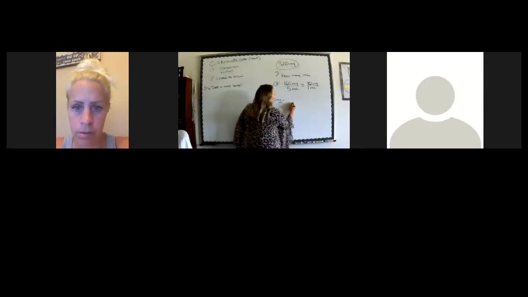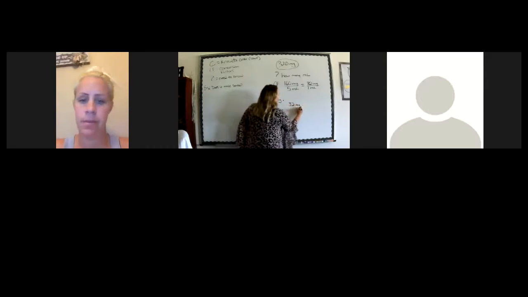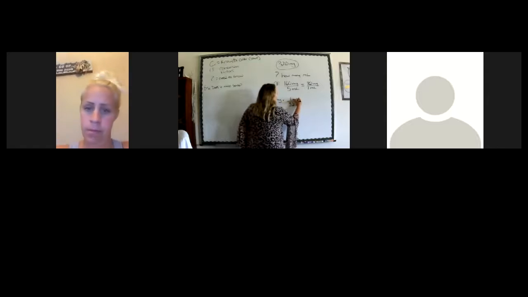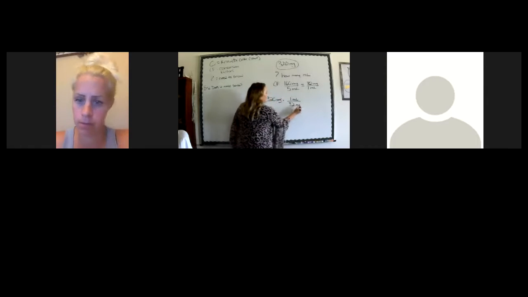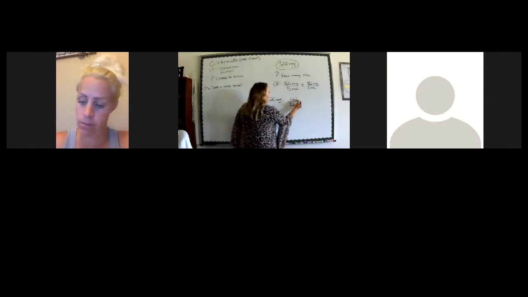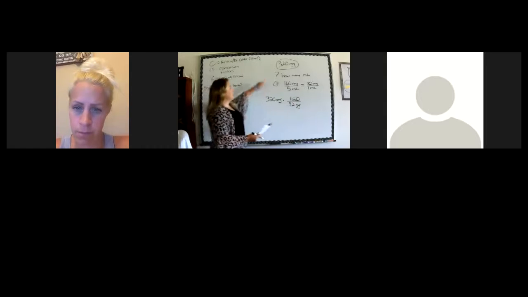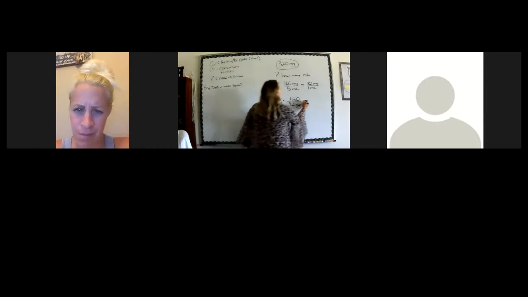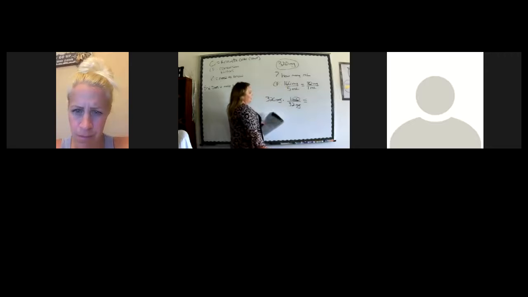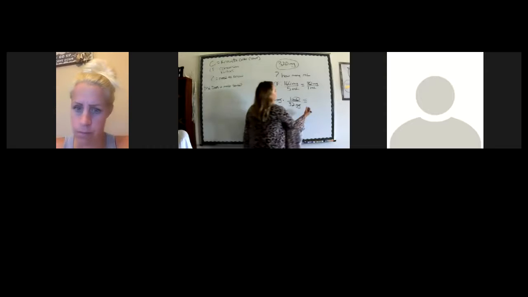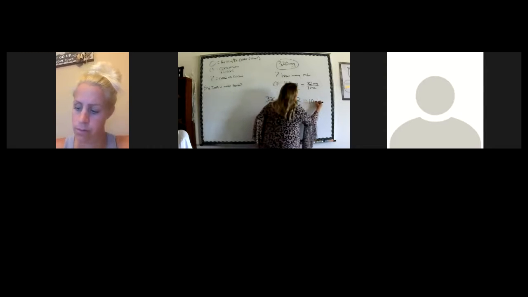Milligrams. So 32 milligrams in 1 mil. That's going to cross this out. I'm going to be left with mils, which is what I want. At the end, it's asking me how many mils. So 320 divided by 32, if you do the math, that's 10 mils.